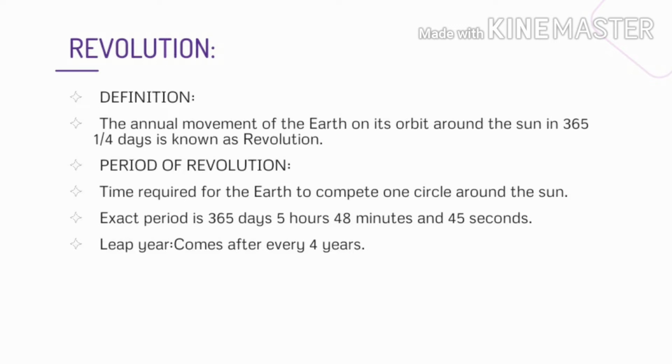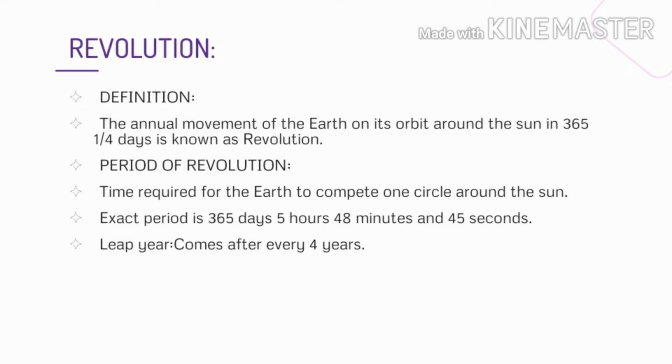The period of revolution is the exact time required by the Earth to complete one circle around the Sun. And what is the exact period of revolution? The exact period is 365 days, 5 hours, 48 minutes and 45 seconds, and it is also known as 1 year. Regarding leap year, it comes after every 4 years.